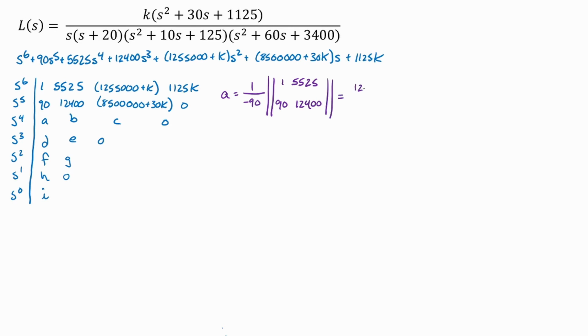It's equal to 124 minus 90 times 5525. The result is 5,387.22.